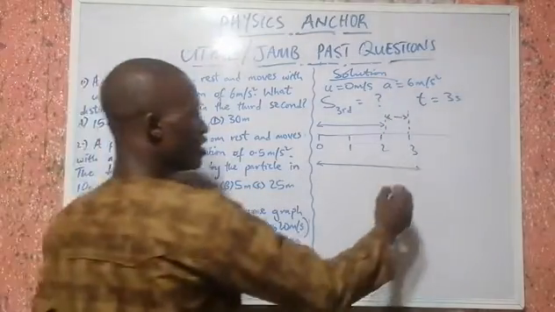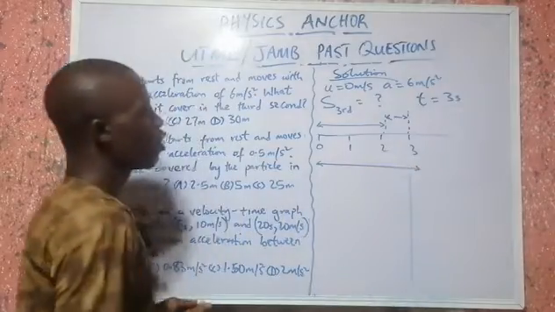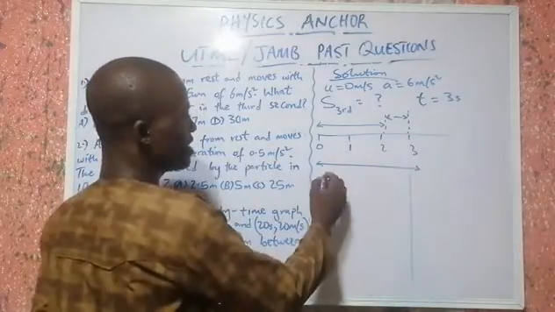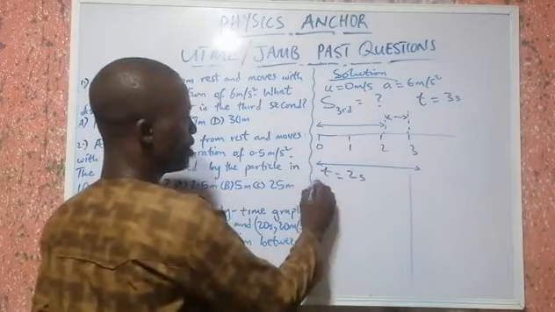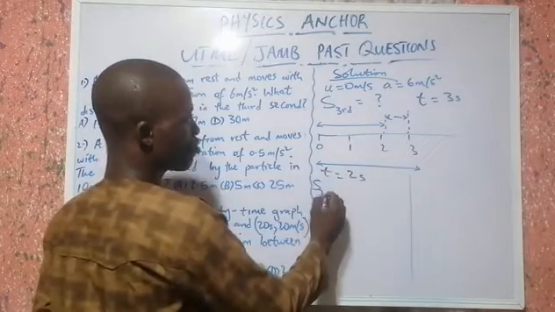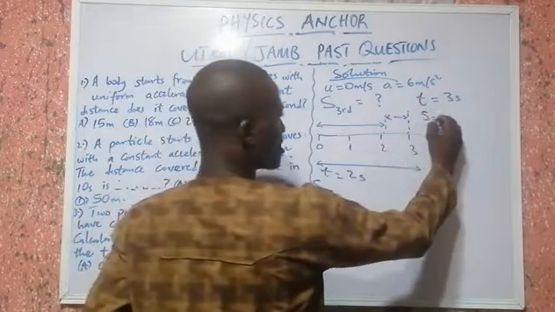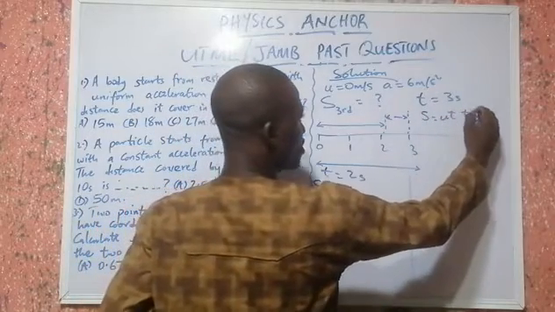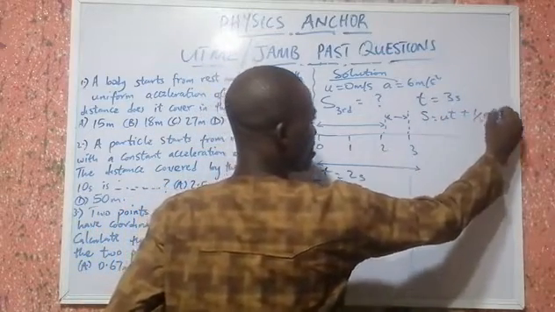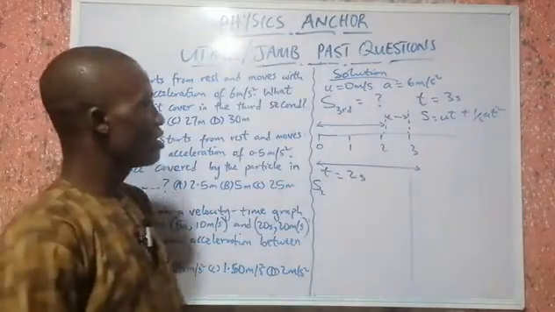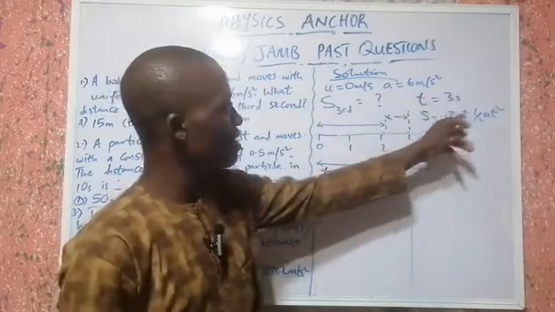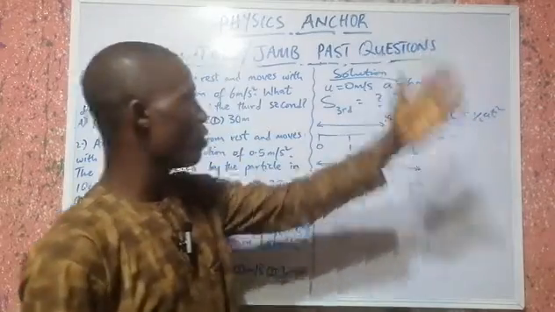We can actually do that now. When t equals 2 seconds, that will be s2. We are using the formula s equals ut plus half at squared, based on the parameters given. We have u, t and a, and we are looking for s.